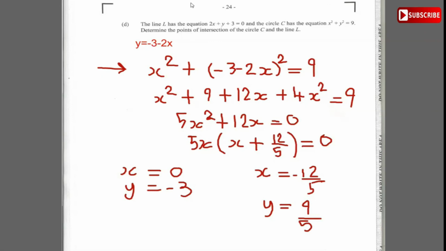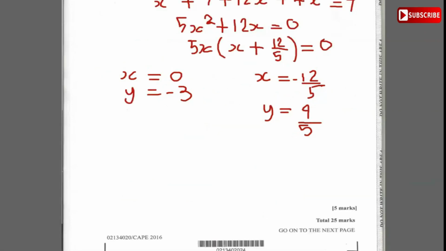So the points of intersection, I like to put it as points. The points of intersection are (0, minus 3) and (negative 12 over 5, 9 over 5).